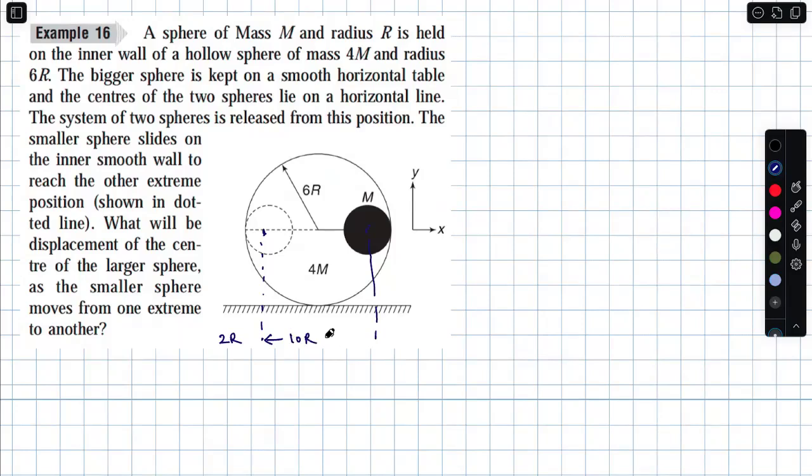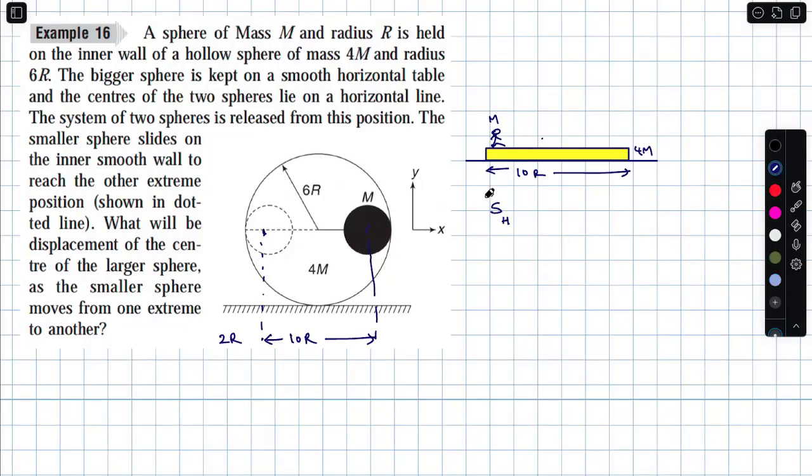This is 10R. According to me, I see this as the same as the man and plank question. The man is here and the plank is of length 10R. The plank is of mass 4m and the man is of mass capital M. So what do you want? The displacement part.